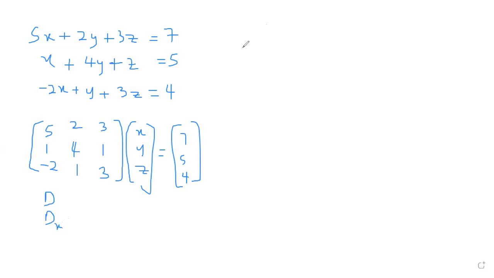So to get d, d is just the determinant of the 3 by 3 coefficient matrix A. So d is going to be the determinant of this matrix here: 5, 2, 3, then we have 1, -2, 4, 1, 1, 3.